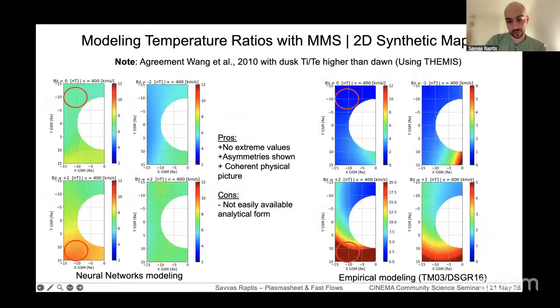To be fair, those values fall outside of the model, and therefore they are not to be trusted. So it's not a caveat of their model. It's more that a model doesn't exist in that regime, while the one we train with MMS seems to produce at least reasonable values with the same physical picture.